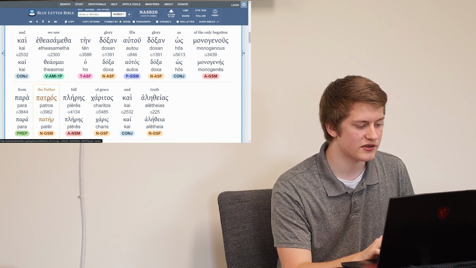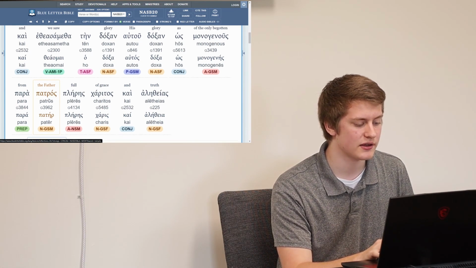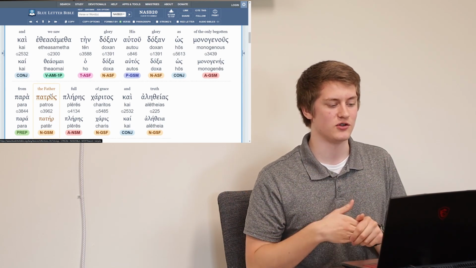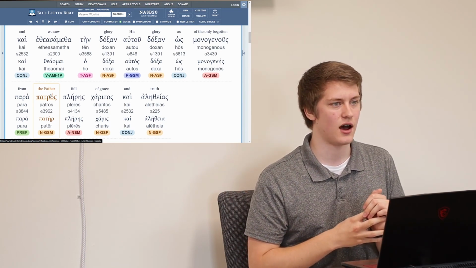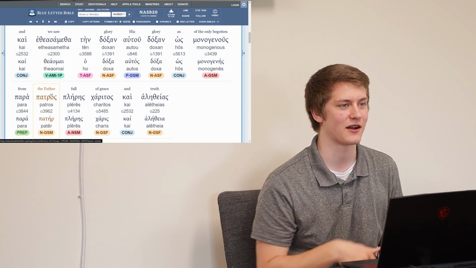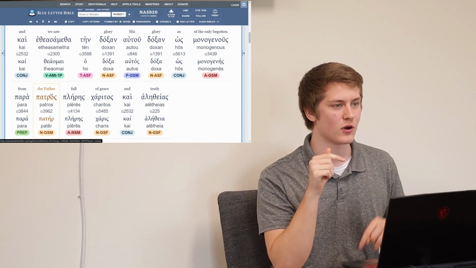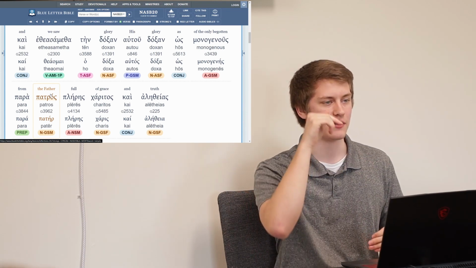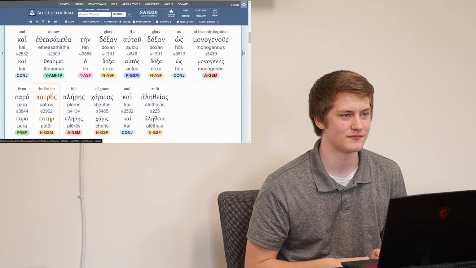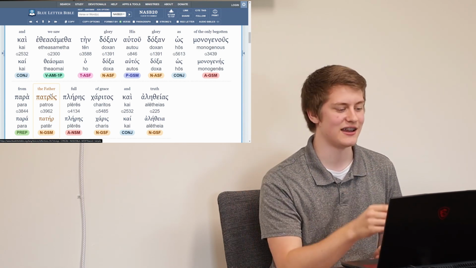Does somebody want to take a stab at the grammatical case, number, and gender of patros? Clara, what is the case of patros? Just looking at the little acronym, the N stands for noun, and then we have the dash, and the first letter is the case. Genitive? Genitive, yes.